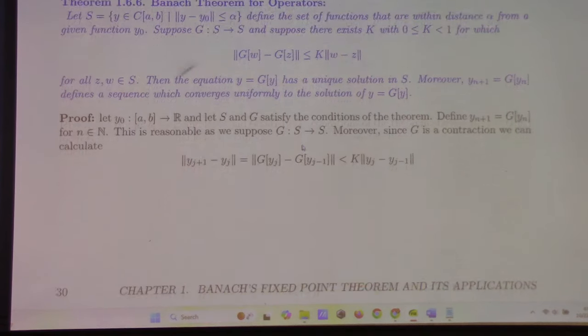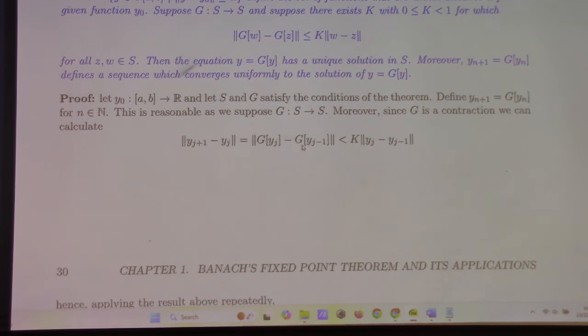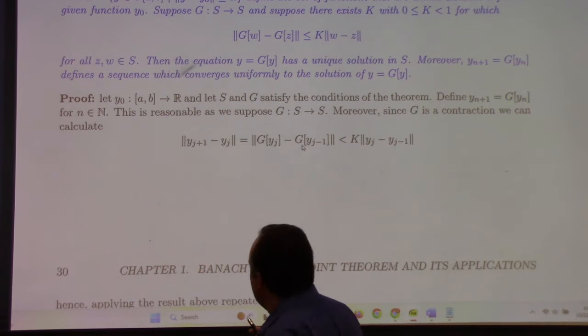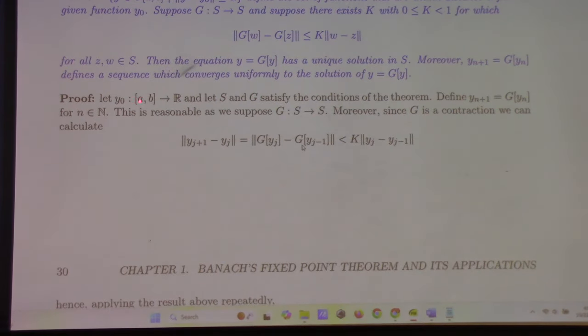Here's the proof. We start out with y naught, which I need to assume is a continuous function from A to B. And then I define y n plus 1 to be G of y n.